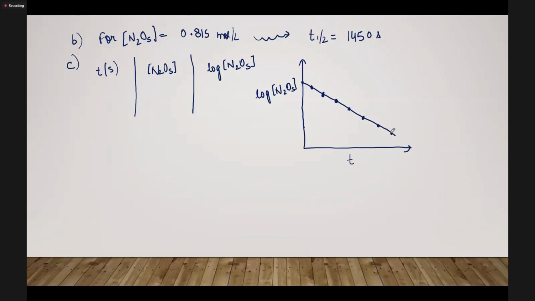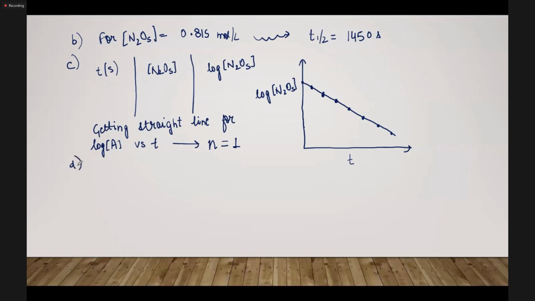And this is the property of the first order reaction, that in the first order reaction's integrated rate law we get the log term, log of A naught divided by A. So this is the property of getting a straight line for log A versus time. This basically means that the order of the reaction is 1.